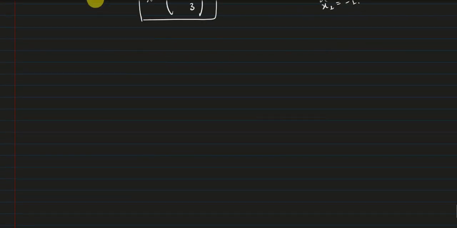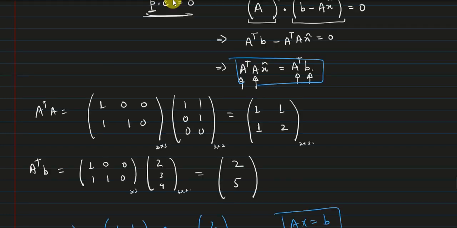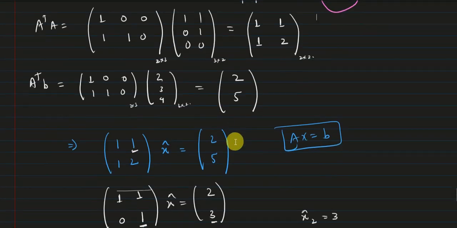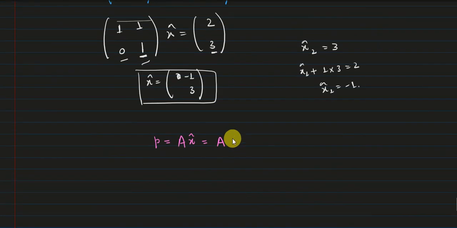We know that the projection p is equal to A x hat, and we found x hat. So from here we can write x hat. How? x hat will be (A transpose A) inverse A transpose b, from this equation. So we can put this x hat here. So what is x hat?